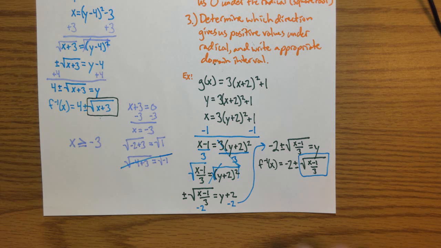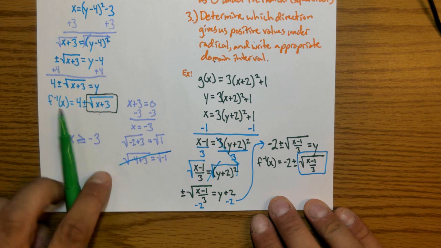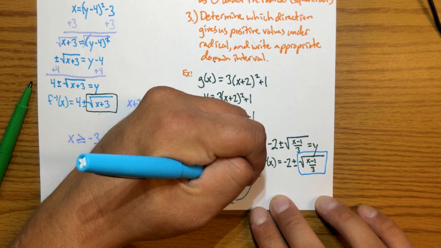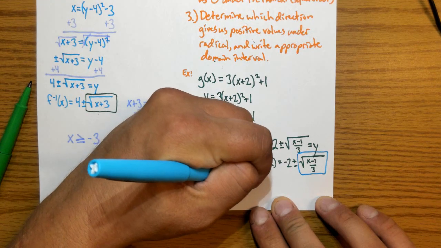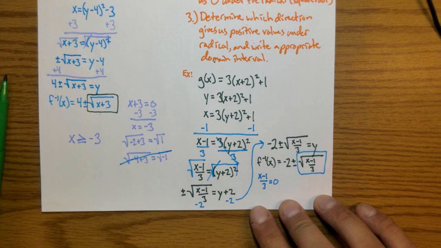And let's just verify that using some algebra. I'm going to set this equal to 0, and do my scratch work off to the side. x minus 1 over 3 equals 0. Let's multiply both sides by 3.